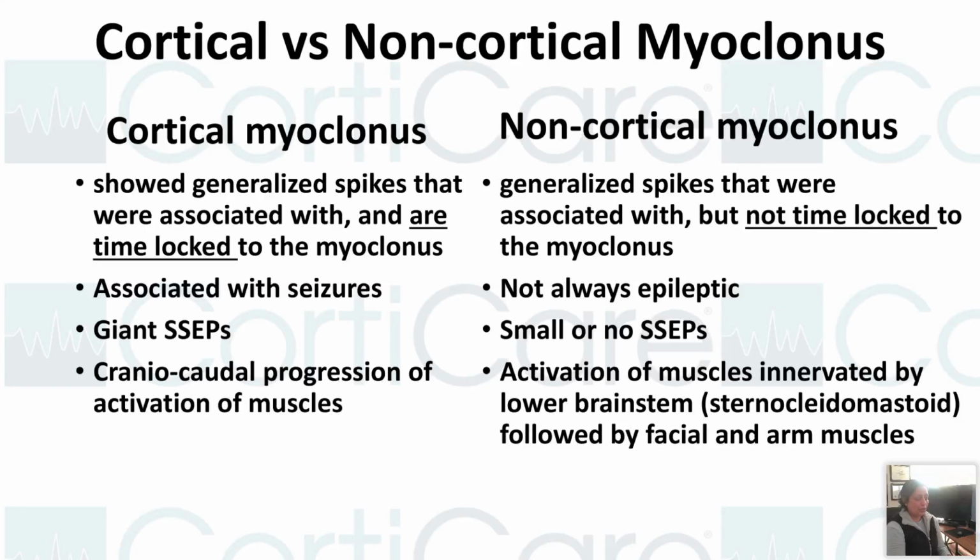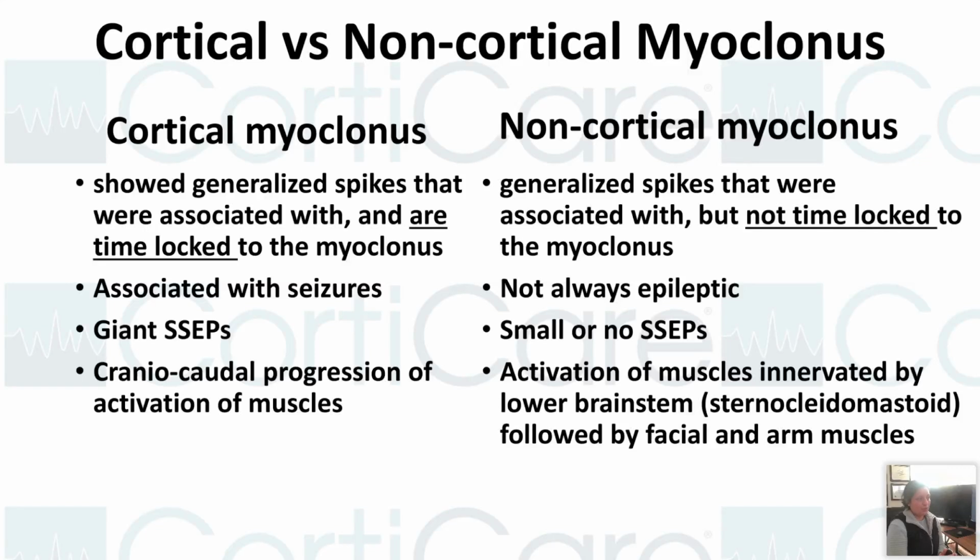So cortical myoclonus is highly associated with seizures. SSEPs are giant. There is a craniocaudal progression of the activation of muscles. What does it mean? It means the myoclonus starts from the head and then spreads to the body. It takes milliseconds for it to spread, but that's how cortical myoclonus presents.